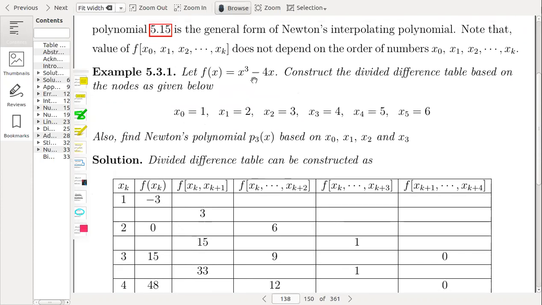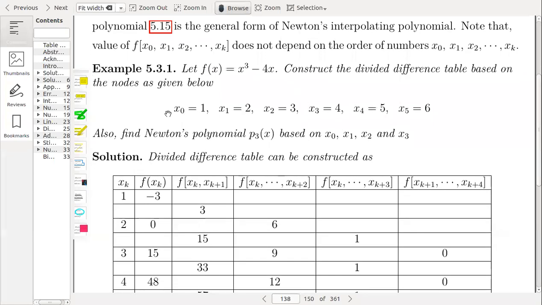Okay, so what are the points? x naught is equal to 1, x1 is equal to 2, x2 is equal to 3, x3 equal to 4, x4 equal to 5, x5 is equal to 6. So these are actually 6 points, so the maximum order of the divided difference which can be calculated is order 5.